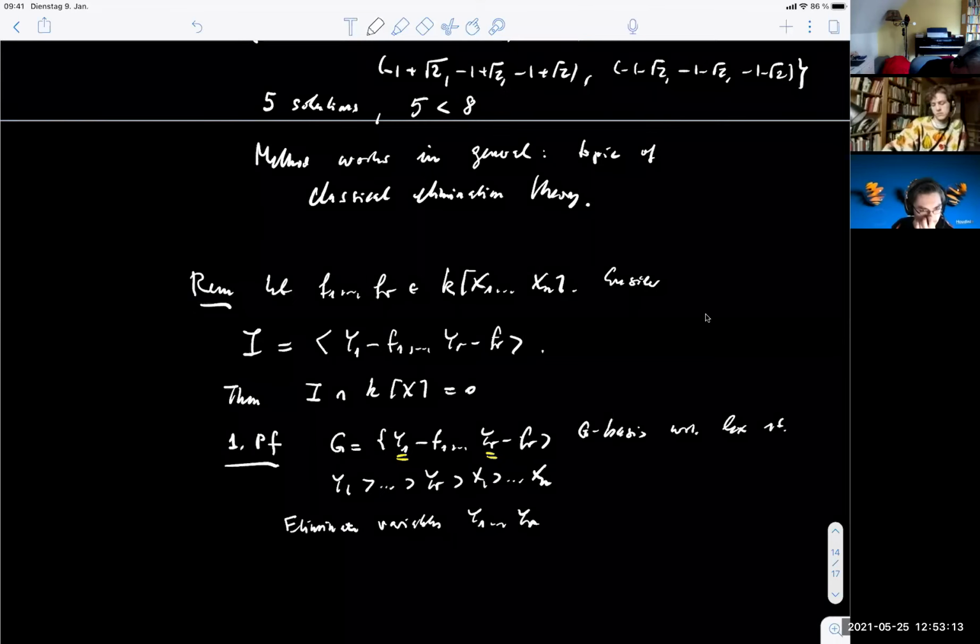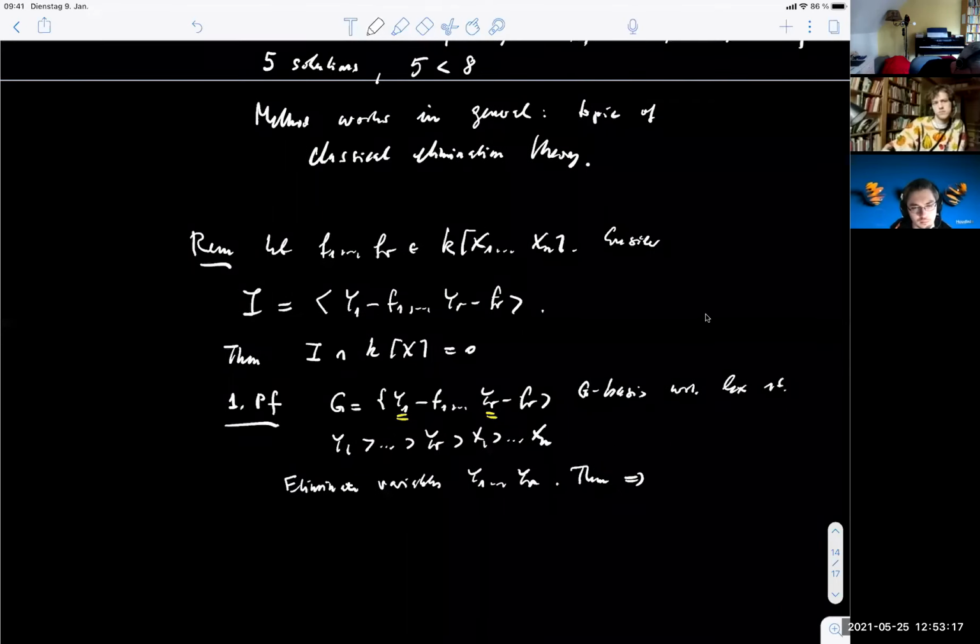The theorem gives me, looks a bit stupid, but the empty set is a Gröbner basis for the elimination ideal. But the empty set generates the zero ideal. So I conclude this.